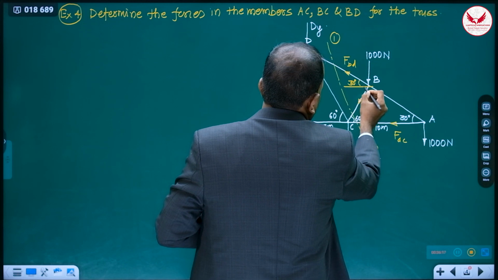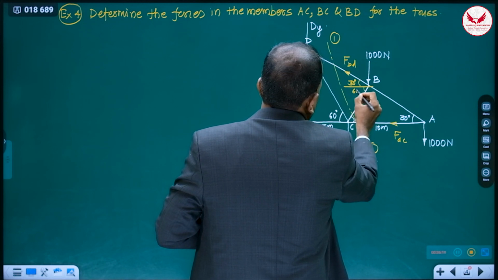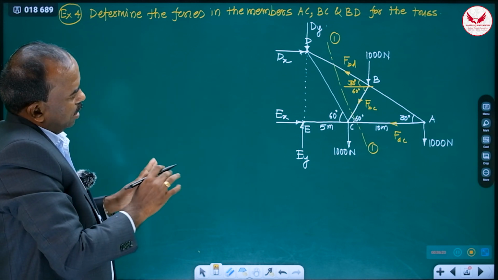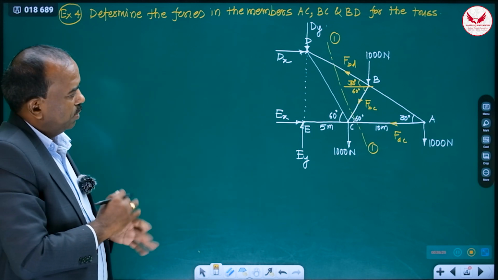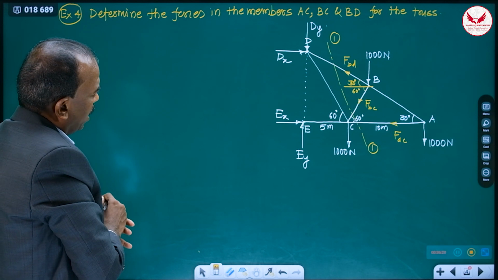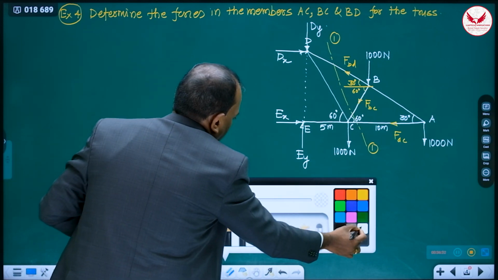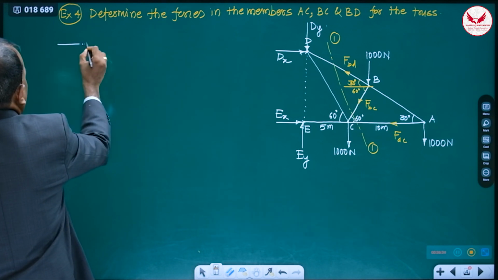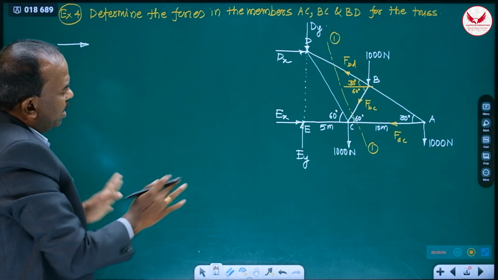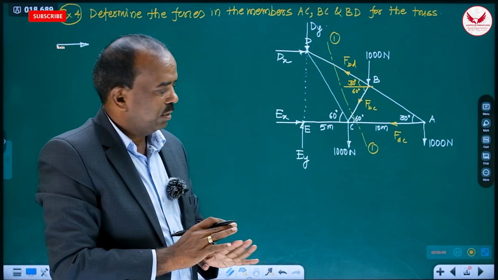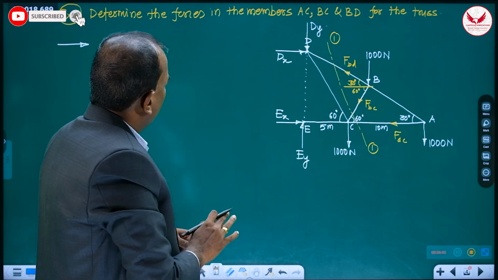If it is 60, this is also 60. This is also 60. So we got the angles of these two inclined members also. Now the problem is very simple. First step is drawing the free body diagram, cantilever type of truss. No need to get the support reactions. Directly we can get the answer.